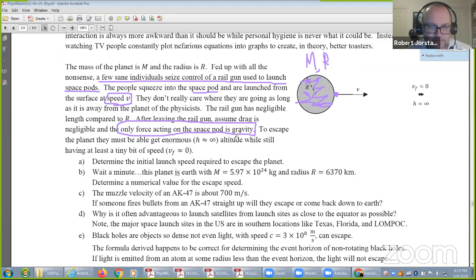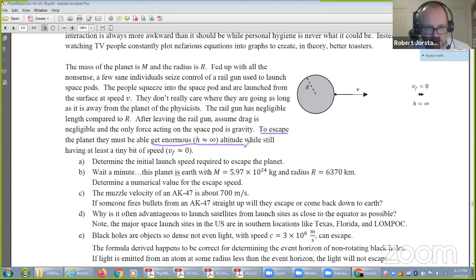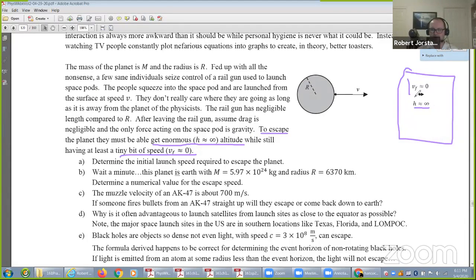All right. So to escape, this is important now. I've been having a little bit of fun with this problem. Now listen up. To escape, you have to get an enormous altitude with a tiny bit of speed. So if you want to just barely escape from a planet, you assume that your altitude is approximately infinity and your speed is approximately zero.